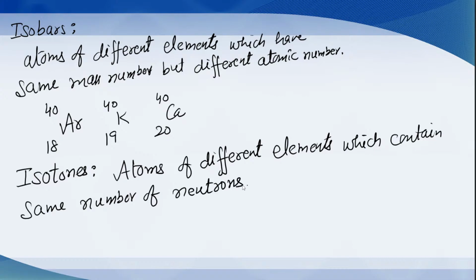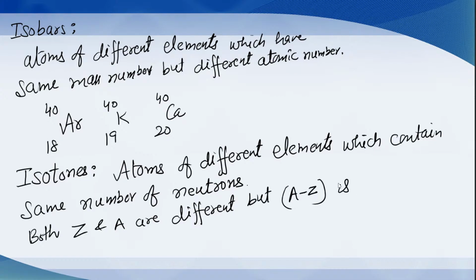Both Z and A are different, but A minus Z is the same, because A minus Z is the number of neutrons. For example, 6C14, 7N15, and 8O16.